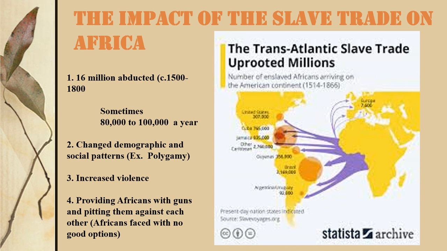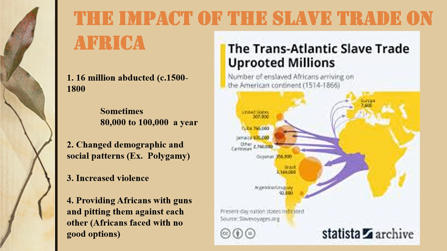So 16 million just from this side of Africa moving west across the Atlantic. Sometimes it was as many as 80,000 to 100,000 slaves taken to the New World a year. That's the high end year, but it was always in the multiple thousands, at least by 1700 and beyond.